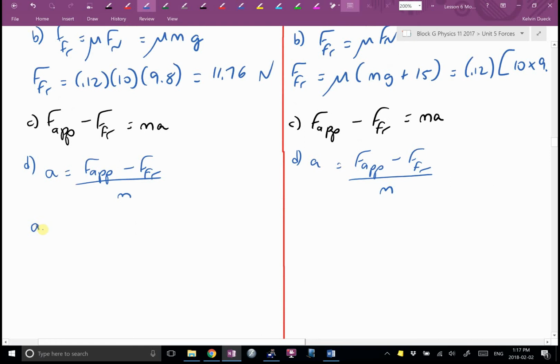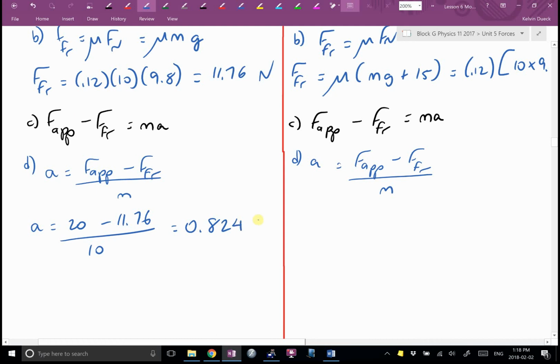Let's keep going, Hannah. How big is F applied? 20 minus 11.76 divided by 10.